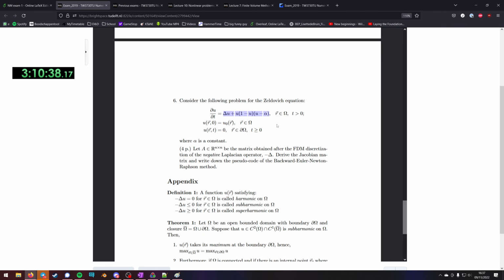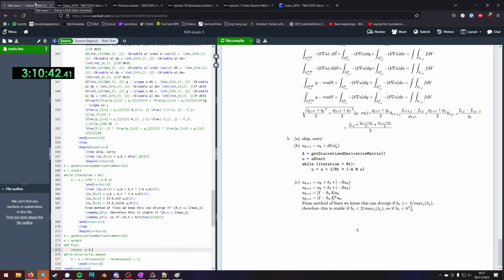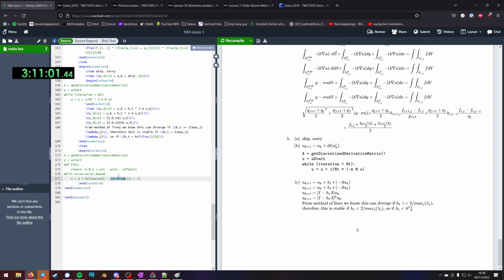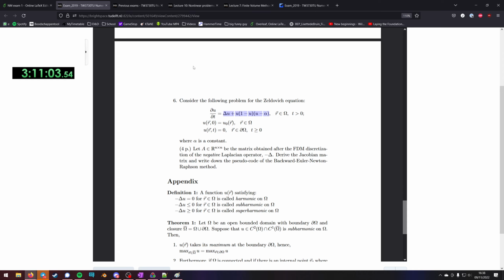And then we get plus U times 1 minus U times U minus alpha, at point U. Okay, so we have a function FU, we have the function Jacobian, which gets us the Jacobian. Now what in the hell is V?